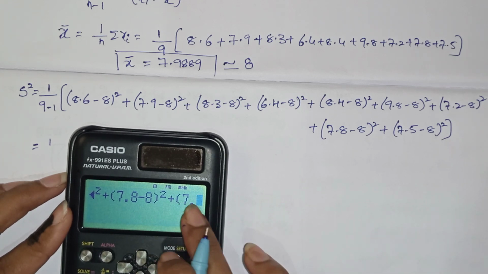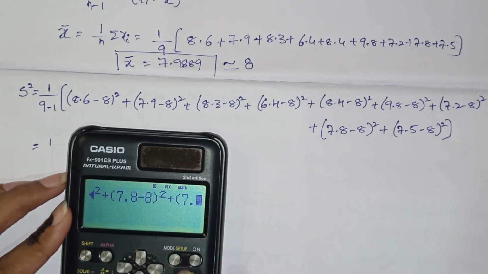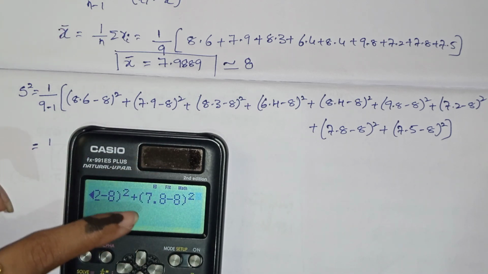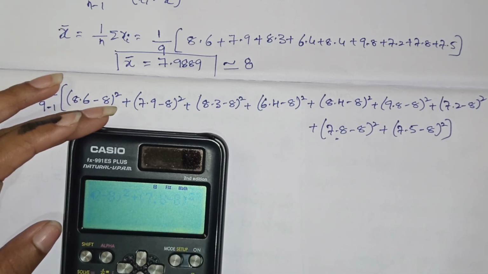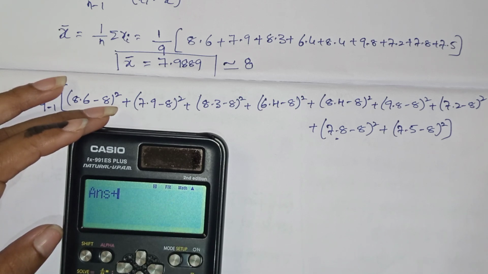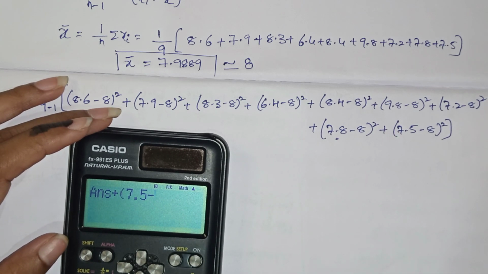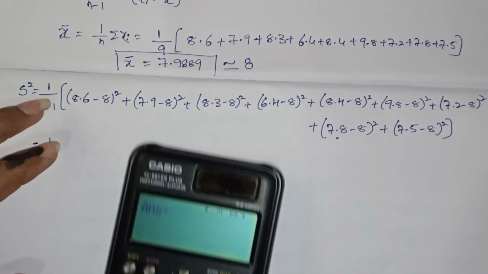The last digits are not appearing because the calculator supports only up to these digits. So I am erasing till here and placing the answer we got so far, then adding the last one: 7.5 minus 8 whole square equals, we got 7.3500, divided by 8.